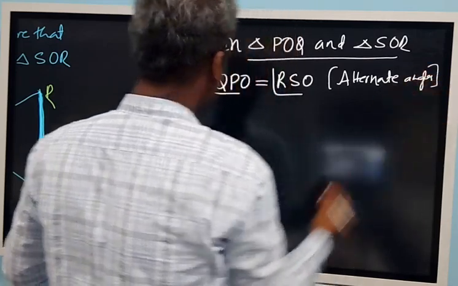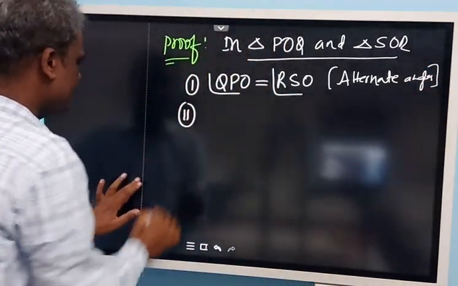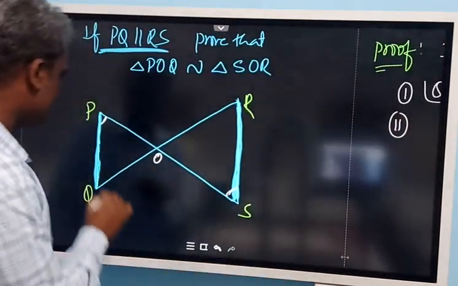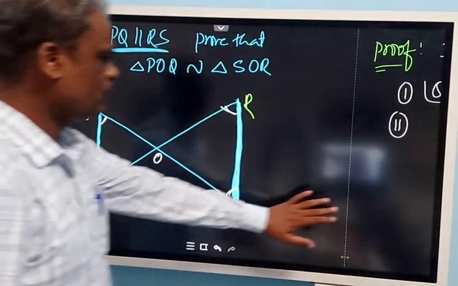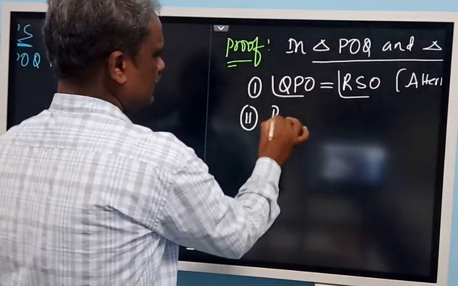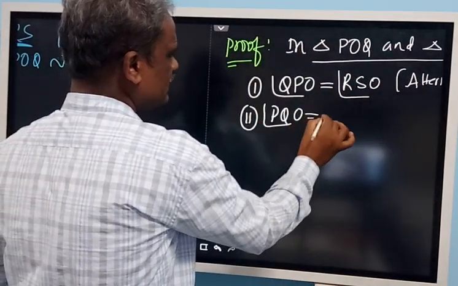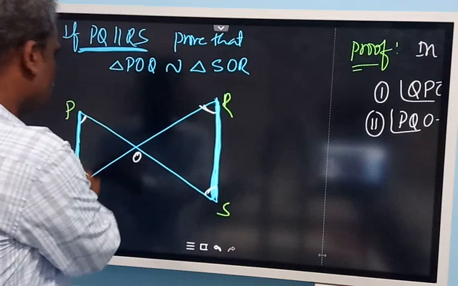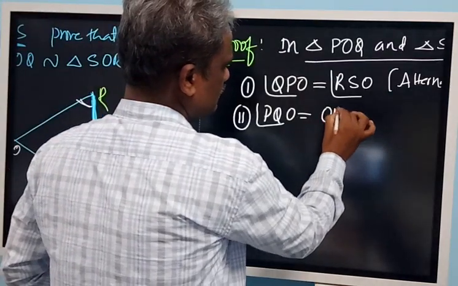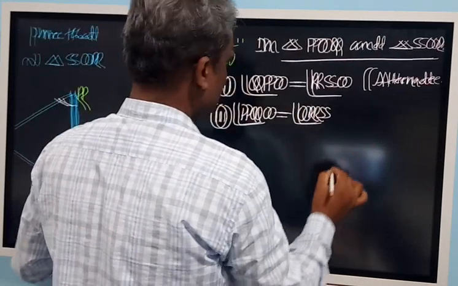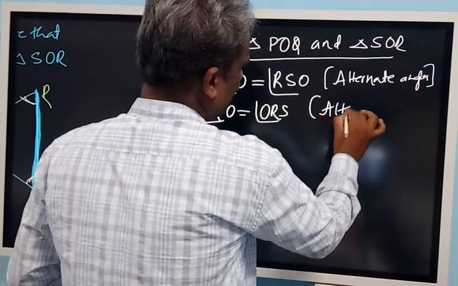Once the lines are parallel, alternate angles are equal. Second angle: similarly, this angle will be equal to this angle. Angle PQO is equal to angle ORS. Same reason, alternate interior angles.